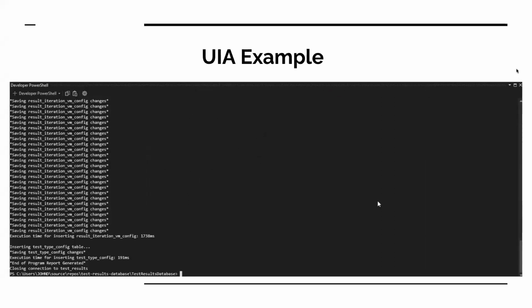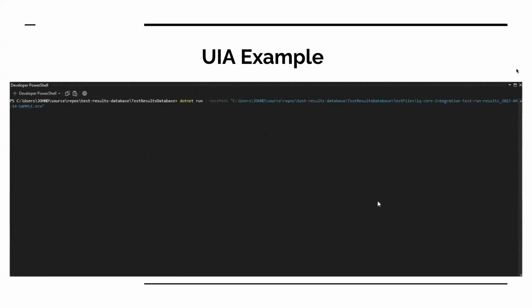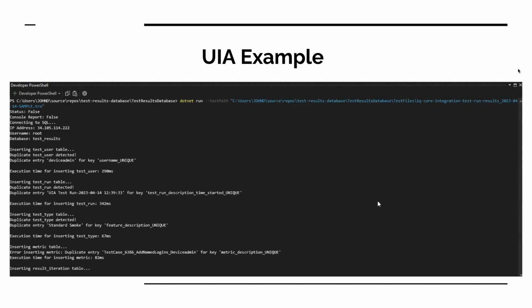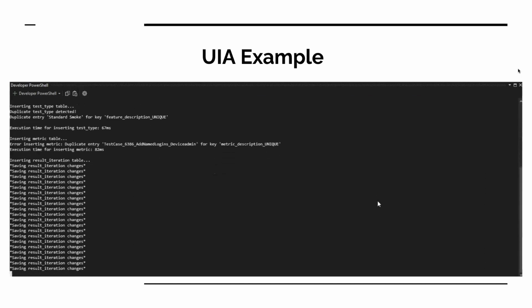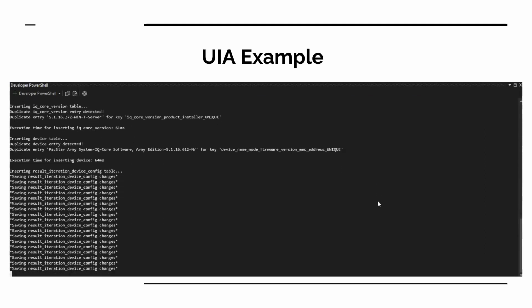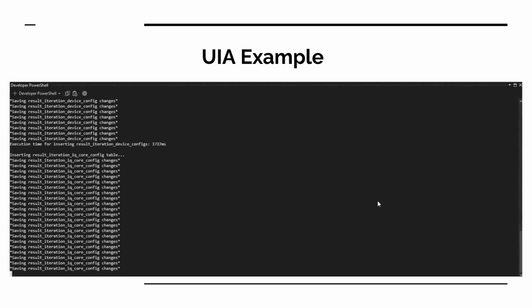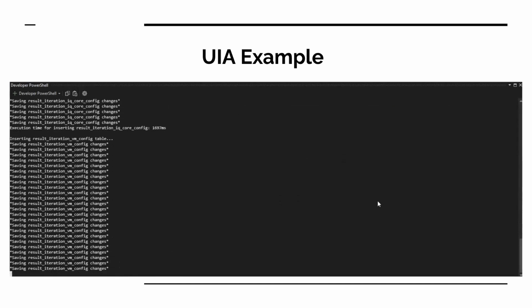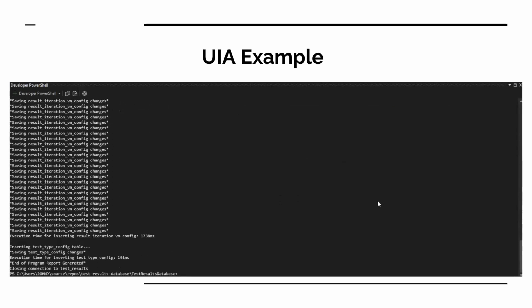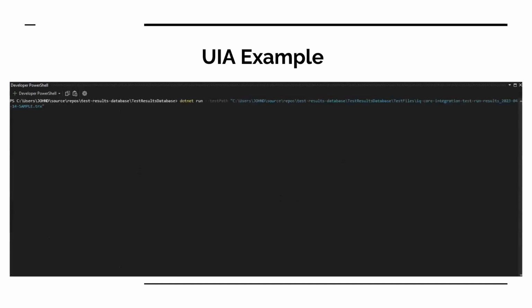And here's a quick example of the UIA test run. It will go by pretty quickly. And you can see at the bottom that it closed the connections to test results, which means that it successfully inserted stuff, if anything, to be inserted into the database.